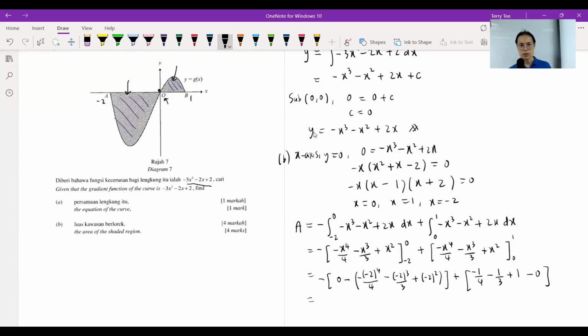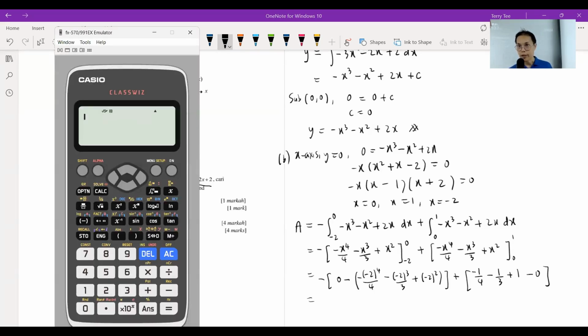Okay, I'll do the long way and I'll show you a shortcut. The long way will be, this is negative of a bracket, negative 16 over 4, right? Negative 2 power 4 is 16. Then negative is positive. This is negative 8, so I just change to positive 8 over 3. All right, next I plus with 4.